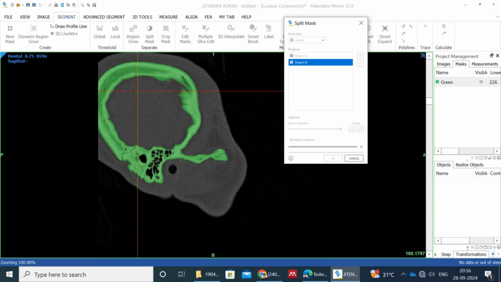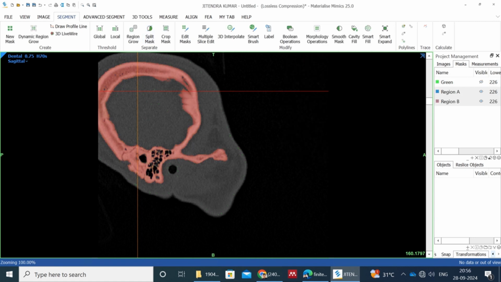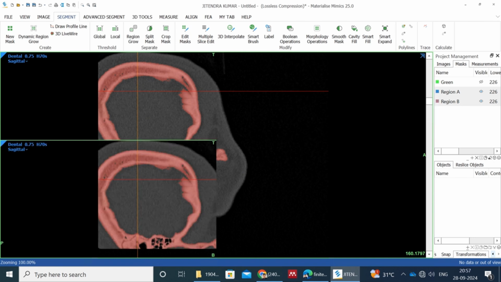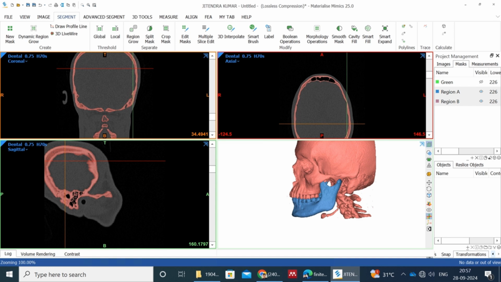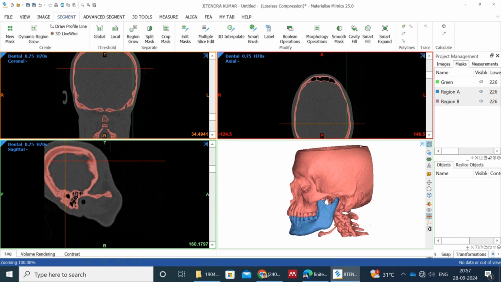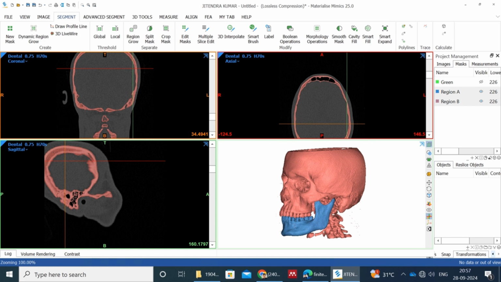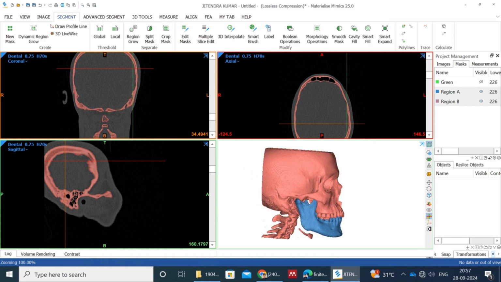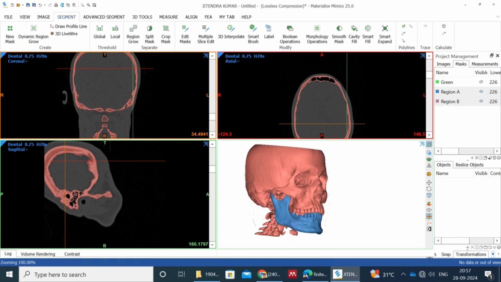Now if we click OK, you can see two regions will be created. You can see here we have separated the mandible from the skull.